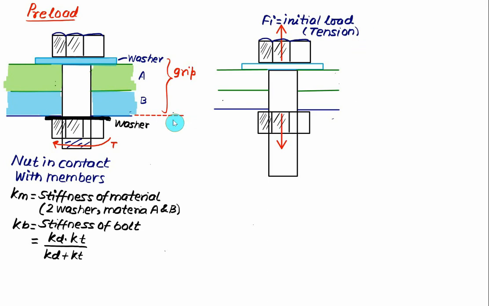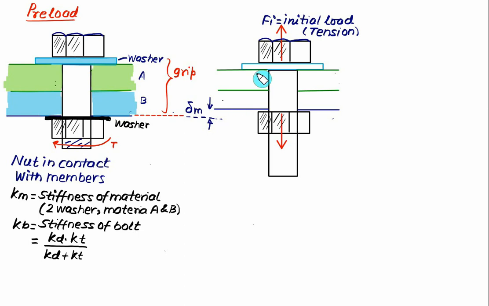If you compare the vertical distance between the bolt and nut, that has decreased in the second figure. So you will find here that the grip length has decreased by an amount equal to delta m. Since the grip length has decreased, the grip will come in compression, and the compression force you have to show inward.